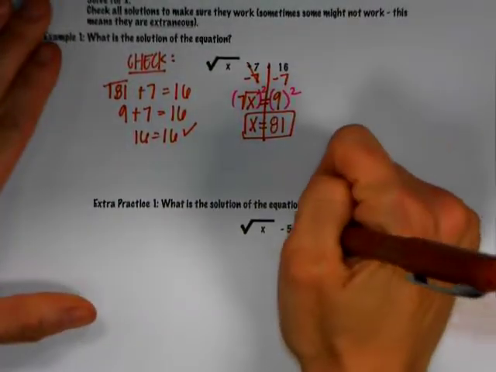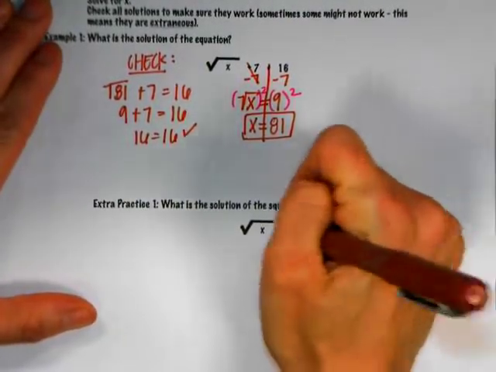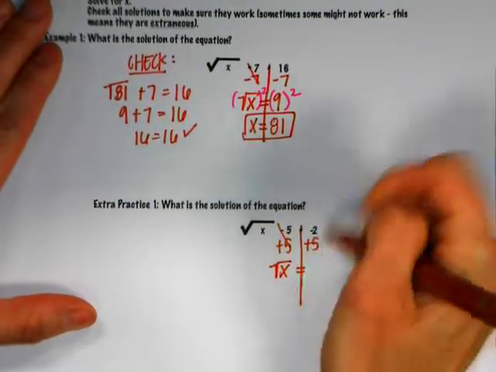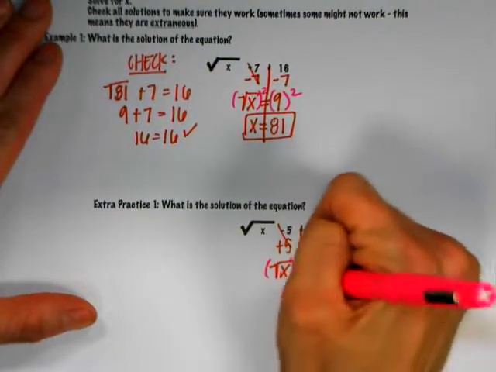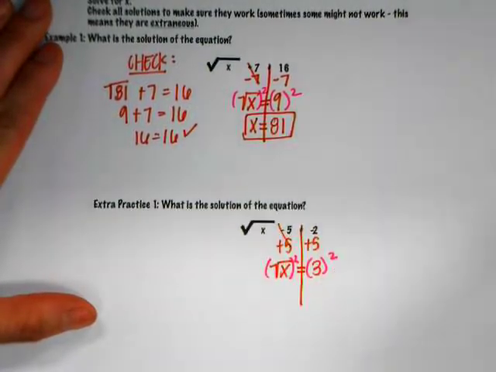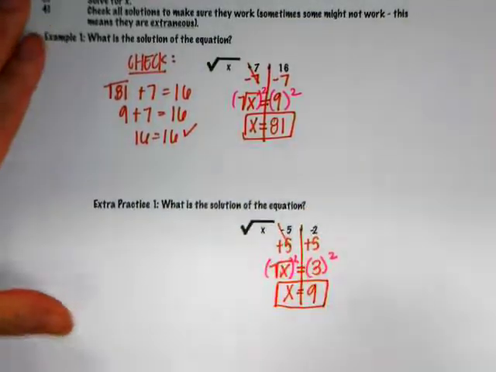Okay, so what do you guys do first on this one? Yep, add 5. Radical x equals 3. And then what? Square both sides. So what does x equal? 9. And then check it.